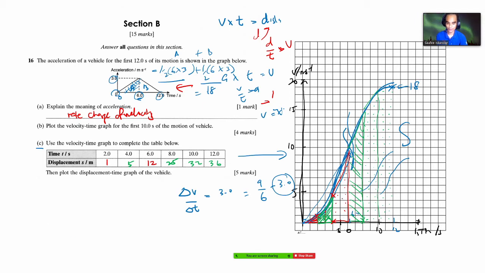Can you see the boundary? This is 2 seconds, so the boundary is red, and then green between 2 and 4. This is 4, right? So for 2 and 4, you just count under here, the boundary between 2 and 4, and then 4 to 6. You just count how much is the area between the times. Okay.